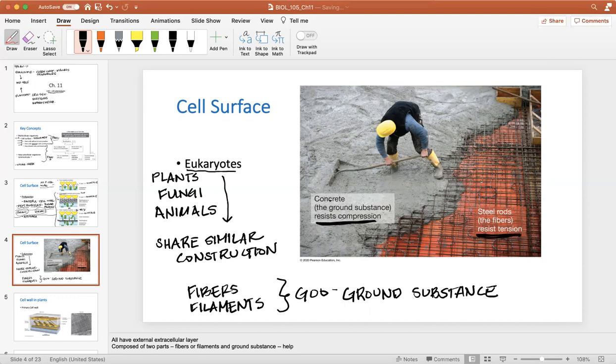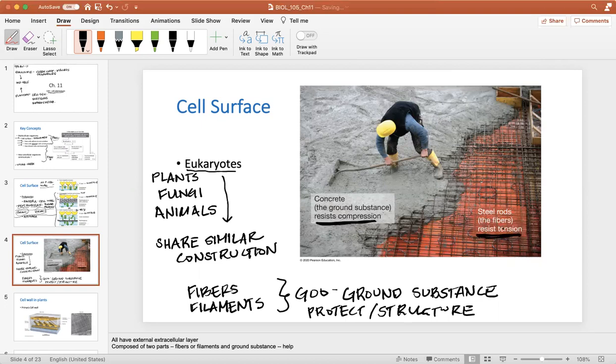And each of these, fibers or ground substance, has a little bit different function, but they do basically protect the cell and they provide structure. For example, these steel rods, the fibers, typically resist tension.